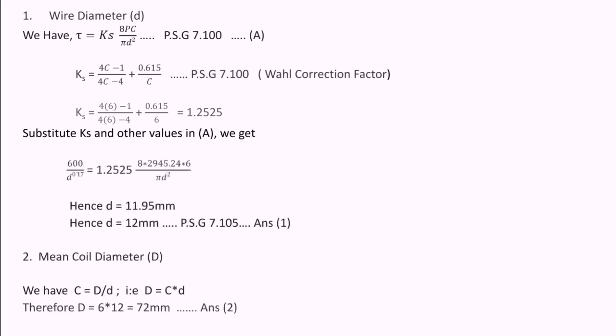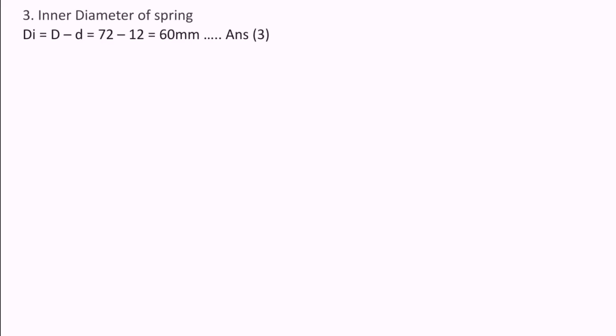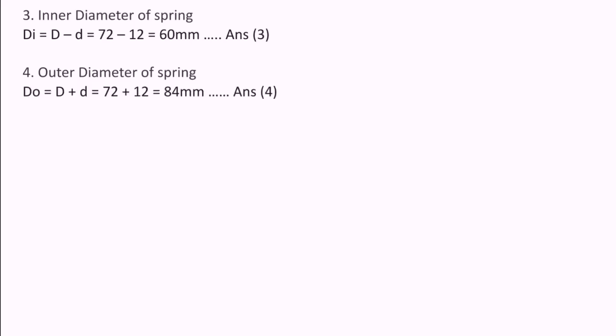Next step, mean coil diameter. I have assumed spring index as 6, so I will get capital D as 72 mm. Inner diameter of spring, I will write Di is equal to D minus d. Similarly, for outer diameter of spring, it will be Do is equal to D plus d. On solving, I will get 60 and 84 mm respectively.